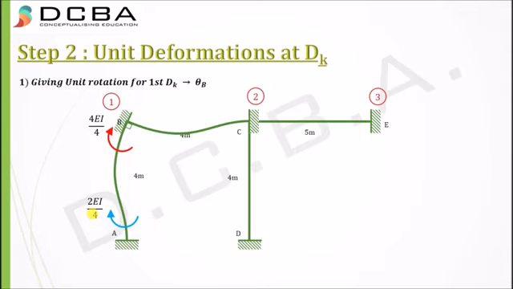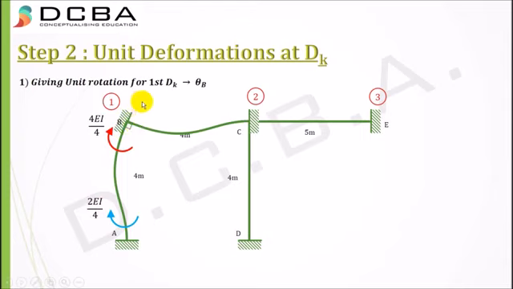You need to keep them in your mind for a long time if you are planning to become a structural engineer. So a moment of 4EI by L at this joint is the first moment, which is basically giving the unit rotation, and this is the reaction that is formed due to this forced moment.